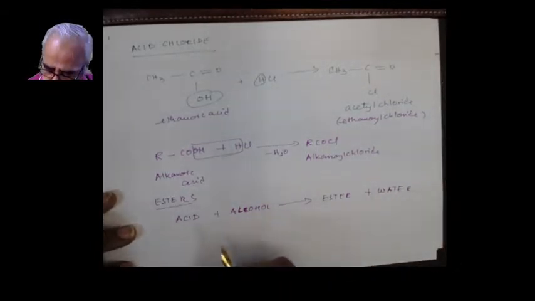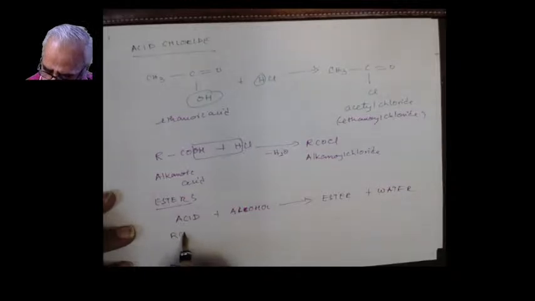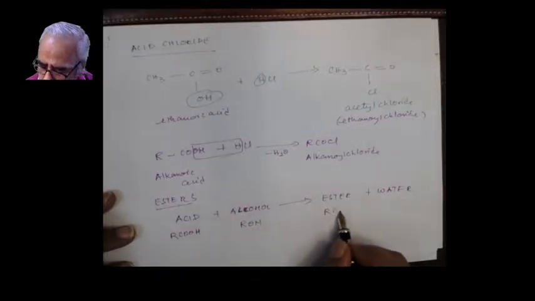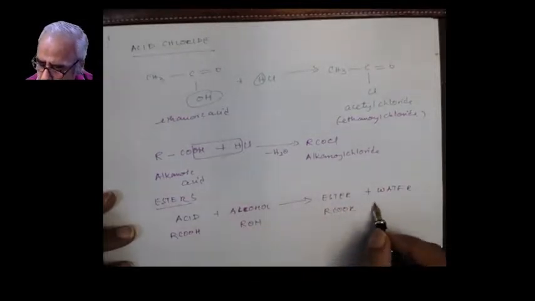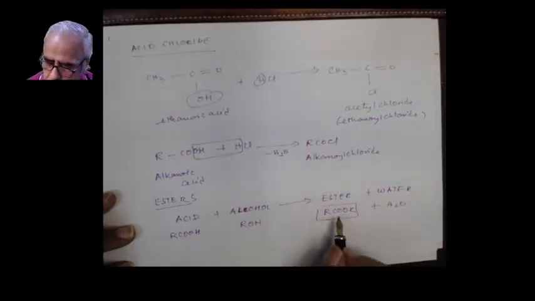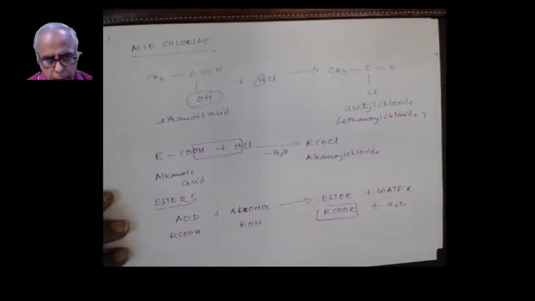Ester and water. For instance, RCOOH, this is ROH, so you are able to get RCOOR plus water, H2O. So what is the structure of ester? RCOOR.